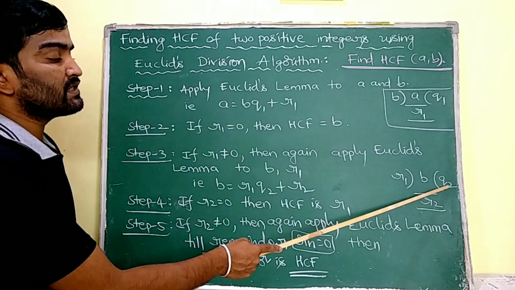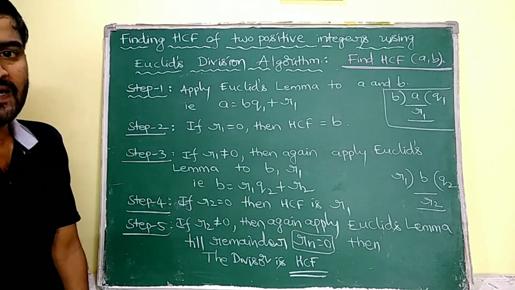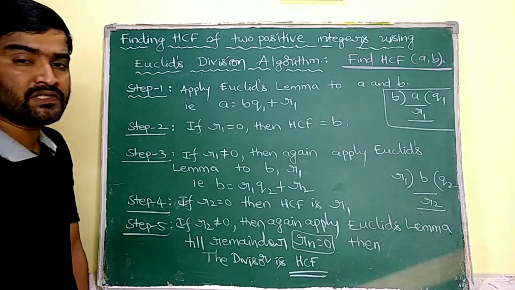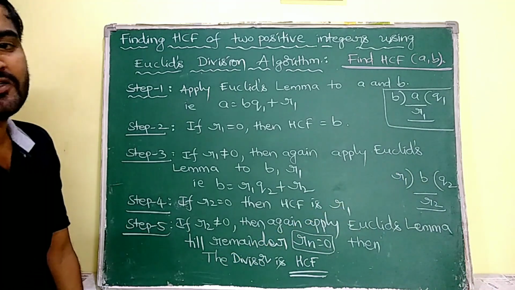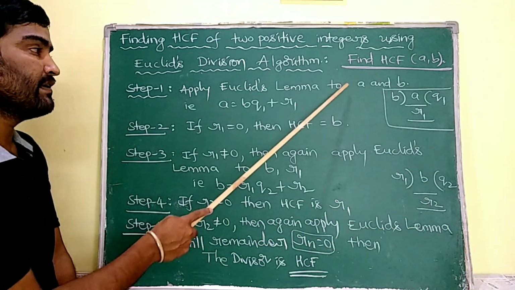Again let us suppose the quotient is Q2 and remainder is R2. If R2 is 0, then R1 is said to be the HCF of the given numbers A and B.